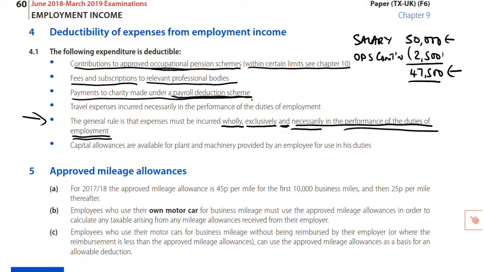Now then, a moment ago, we differentiated what we see now as occupational pension scheme contributions from what we had seen in Chapter 2, personal pension contributions.